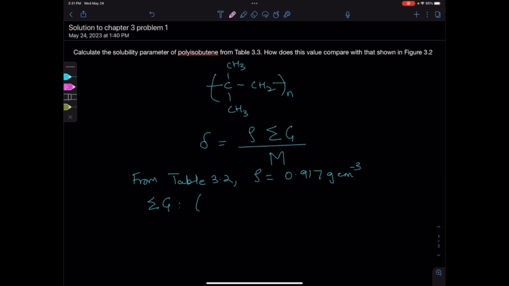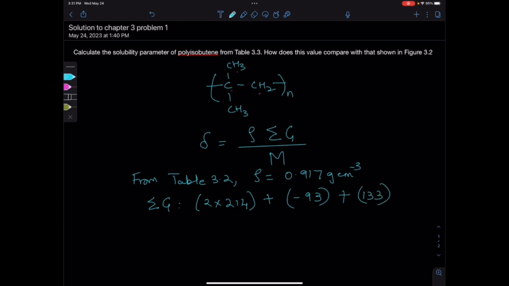There are two methyl groups, 1 and 2, so it will be 2 times 214 plus, there's one carbon with 4 single bonds, and for that the value is negative 93, and then we have one CH2, for that the value is 133.